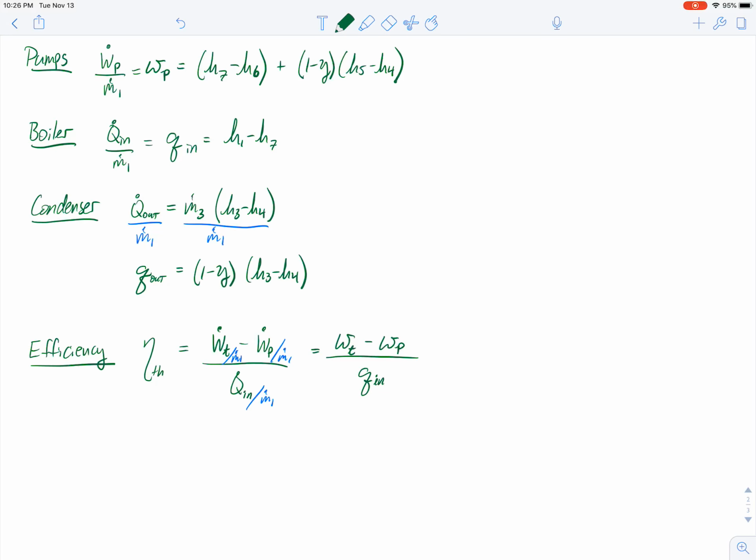And just to make sure there's no confusion, it's understood that the power produced by the turbine is a positive number. The power it takes to drive the pump should be subtracted from that. So I might just put an absolute value sign around it just to make sure we're completely on the same page.